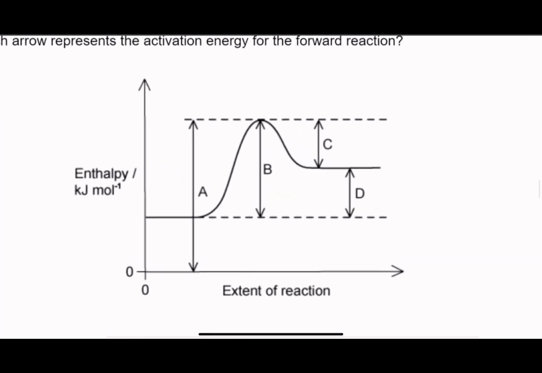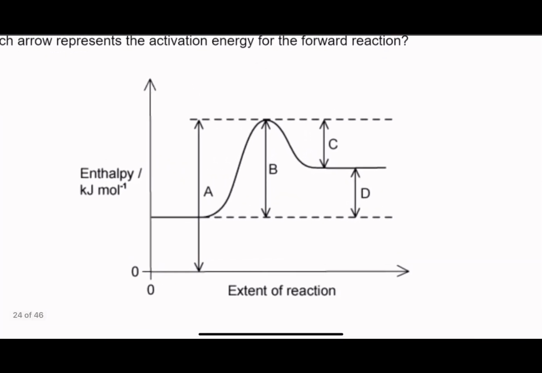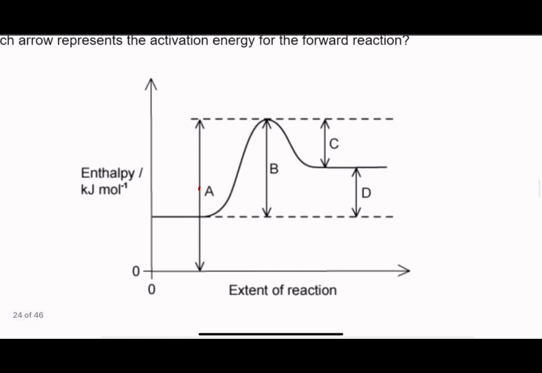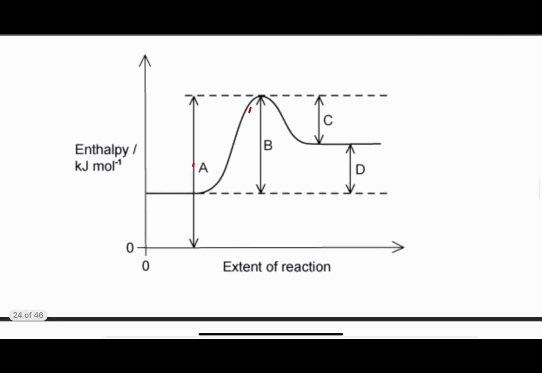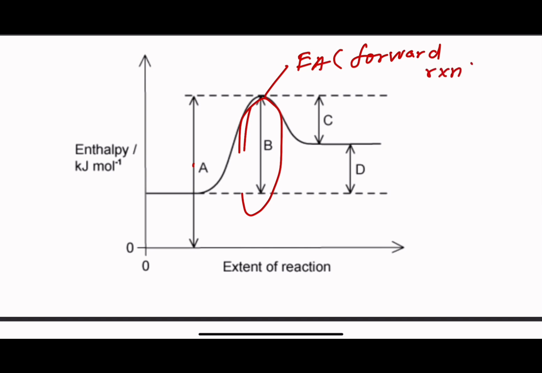You need to know, for example, from here, what is A? From here, we know that A is what? We have done this, it's called the activated complex. B in here is your activation energy of the forward reaction.